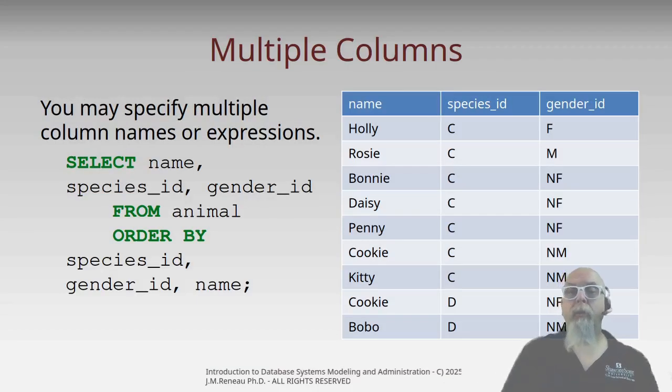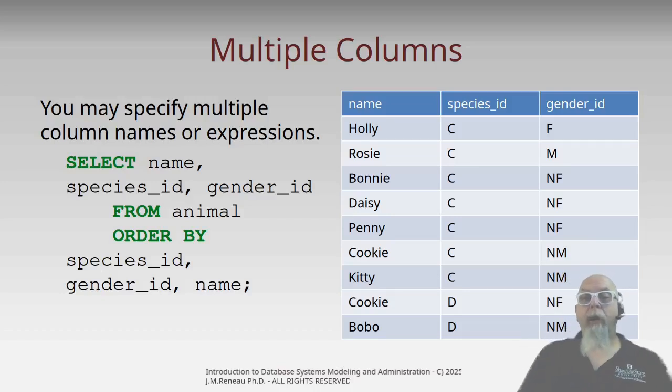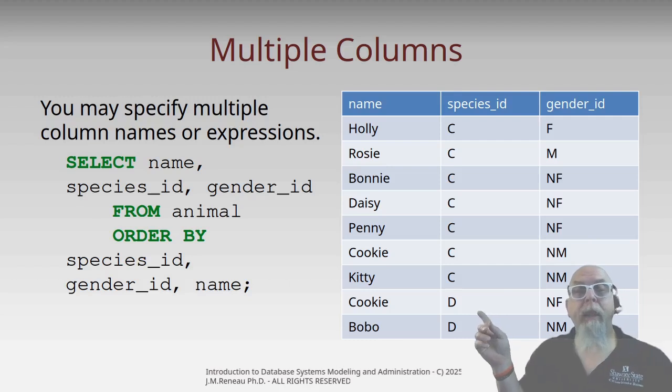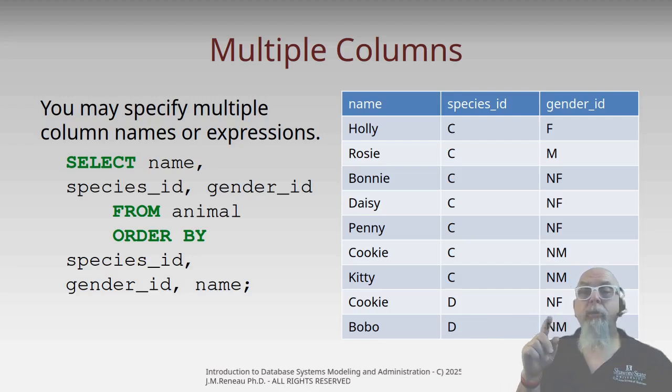We can also sort on multiple columns at once. In this example, I'm sorting by species ID, then by gender ID, and then by name. You will see that all of the species IDs for cats come out, and then the dogs.